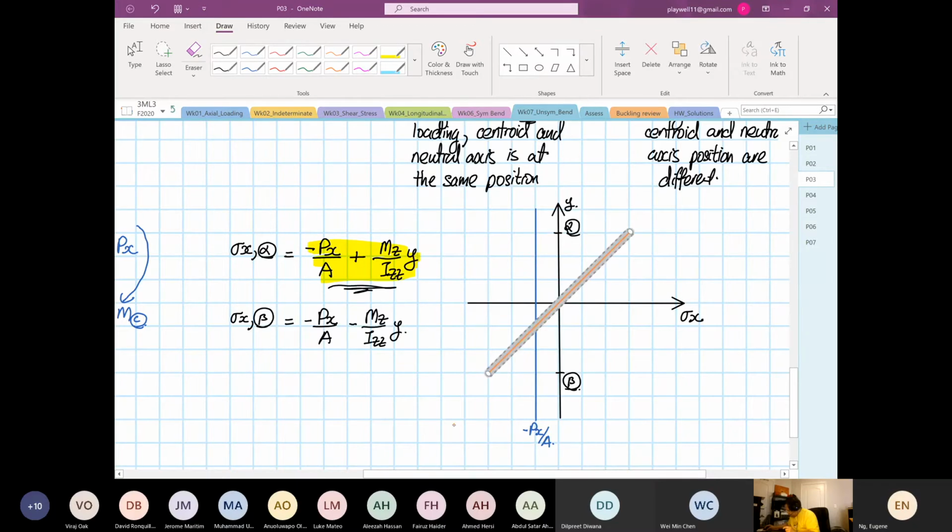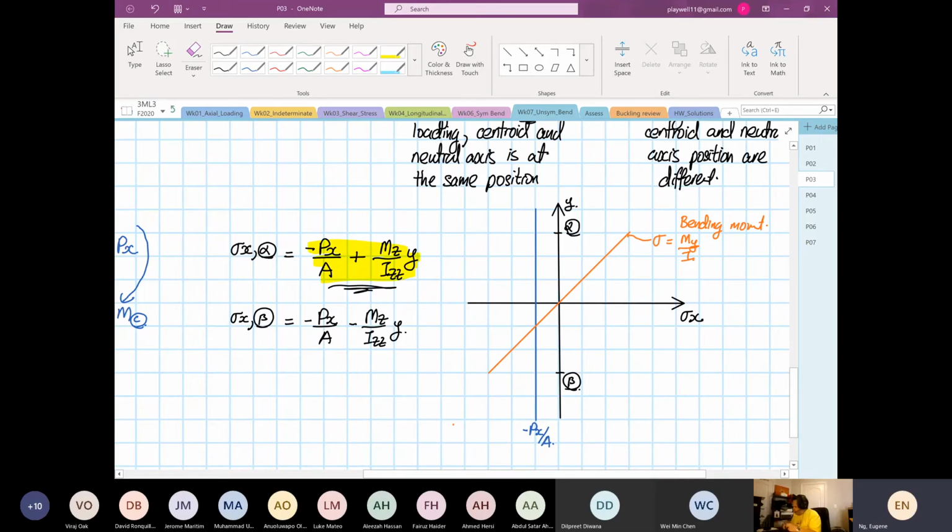So this is now based on stress equal to My over I. Okay, so this is based on bending moment. So this is how the stress looks like.